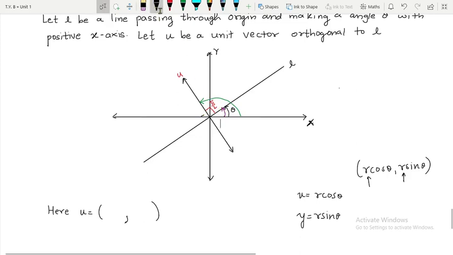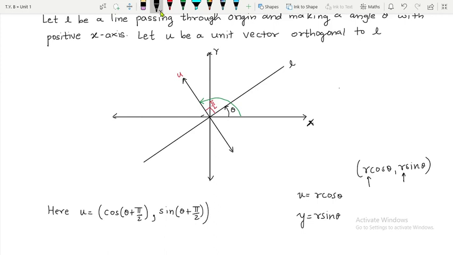I hope you are getting it. So my u is equal to cos of theta plus pi by 2, and the second coordinate is sine of theta plus pi by 2. Note my value of r is 1 since it is a unit vector.